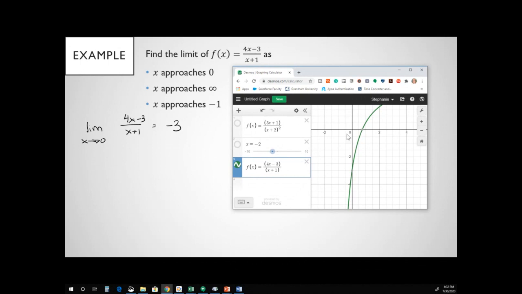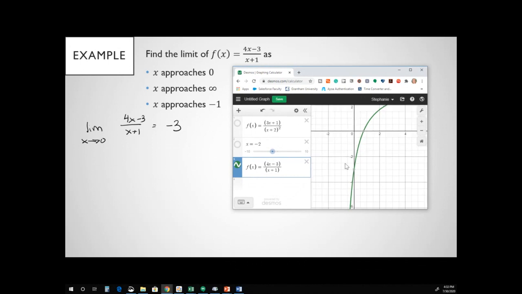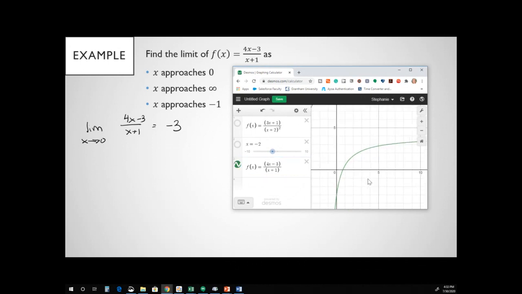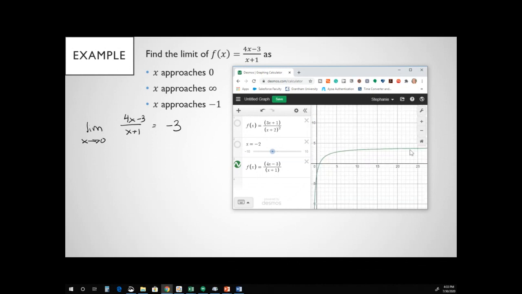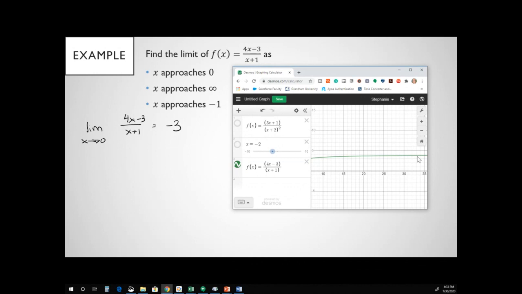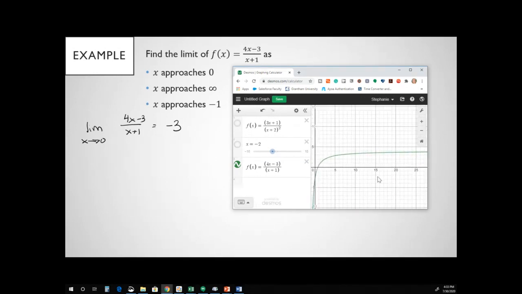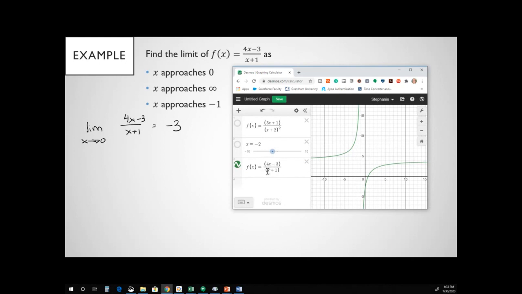Next, x approaches positive infinity. So we're looking for the horizontal asymptote here because it's a rational function. And so you can see on the graph that it looks to be getting close to 4. And you can actually find that from the equation.